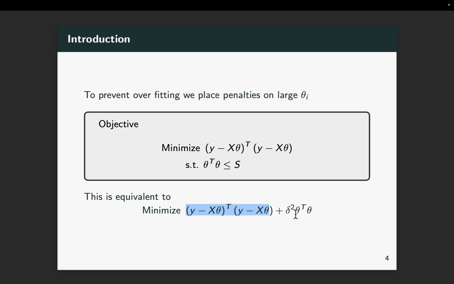If I increase mu, then this term will also start becoming big and dominating in the optimization, and this term will have lesser effect. So as a consequence, if mu or delta square is a very, very large quantity, you will just want to minimize this term, theta transpose theta. You will not want to worry so much about this term. Right. Is this becoming clear?